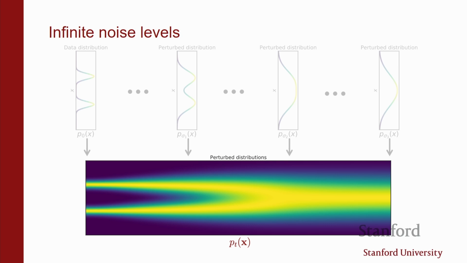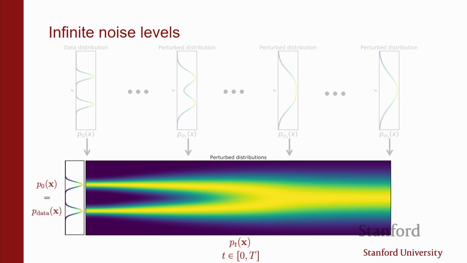And so instead of having 1,000 different distributions, we have an infinite number of distributions that are now indexed by t, where t is now a time variable going from 0 to capital T, just like before. But instead of taking 1,000 discrete different values, it takes an infinite number of values. So it's a continuous variable going from 0 to capital T.